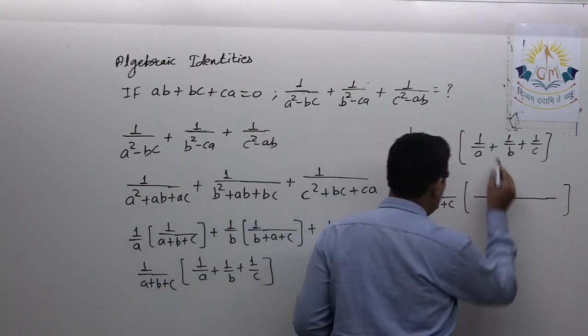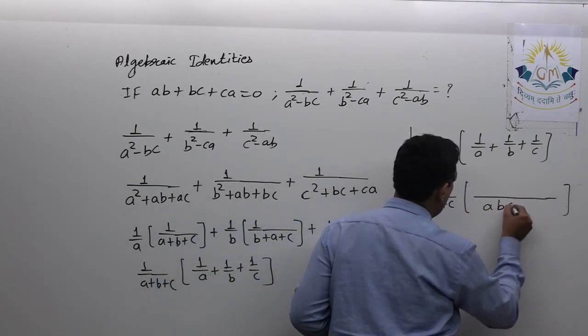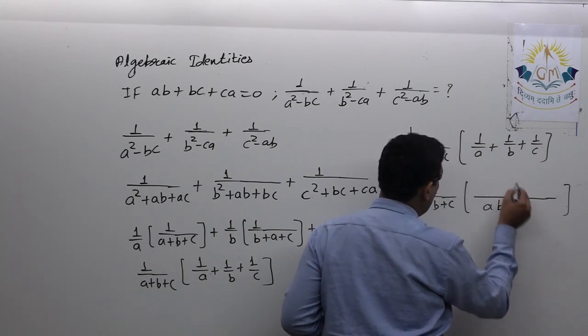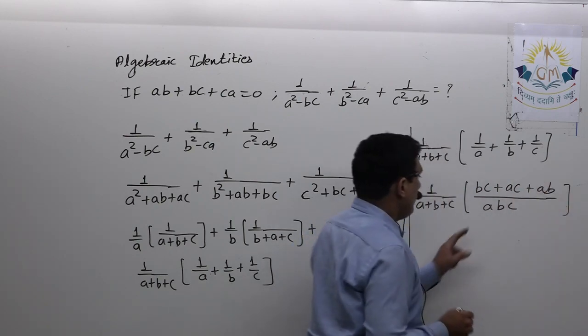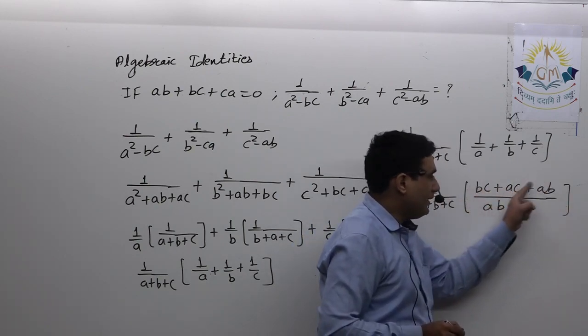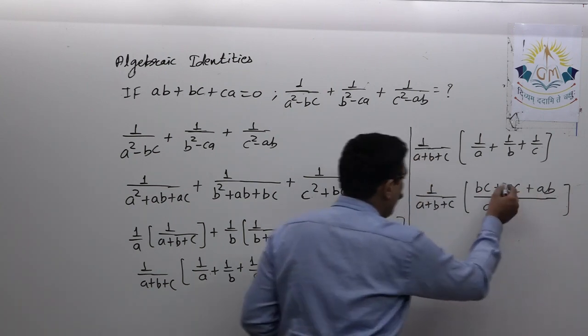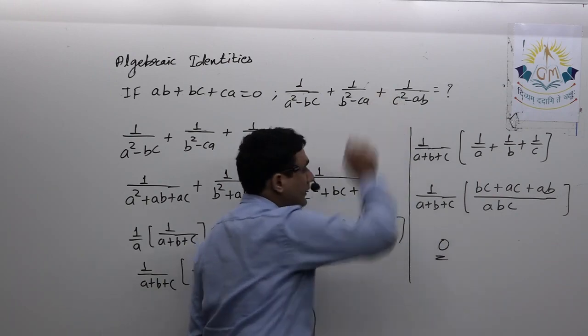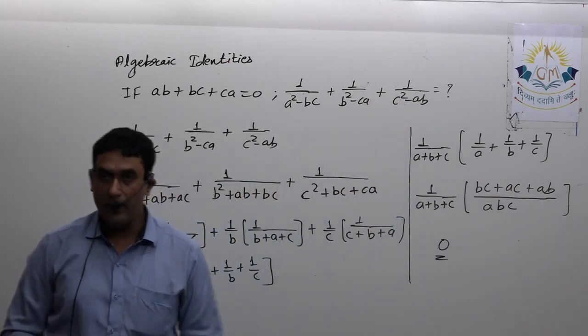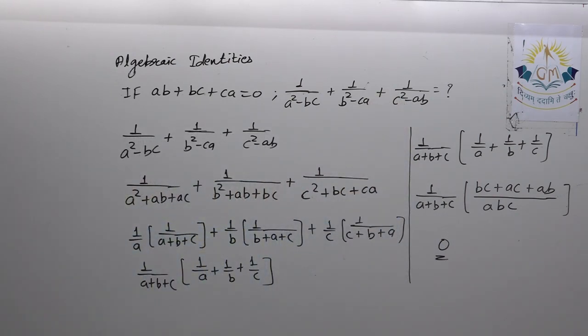Now the numerator will be BC plus AC plus AB, isn't it? Now BC plus AC plus AB is 0, so 0 into anything is 0. So the final value of the given expression is actually 0. So note it down.